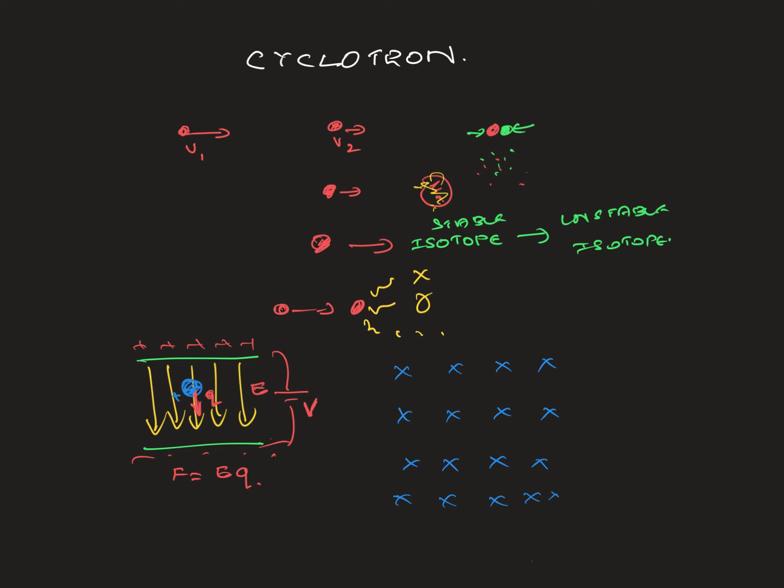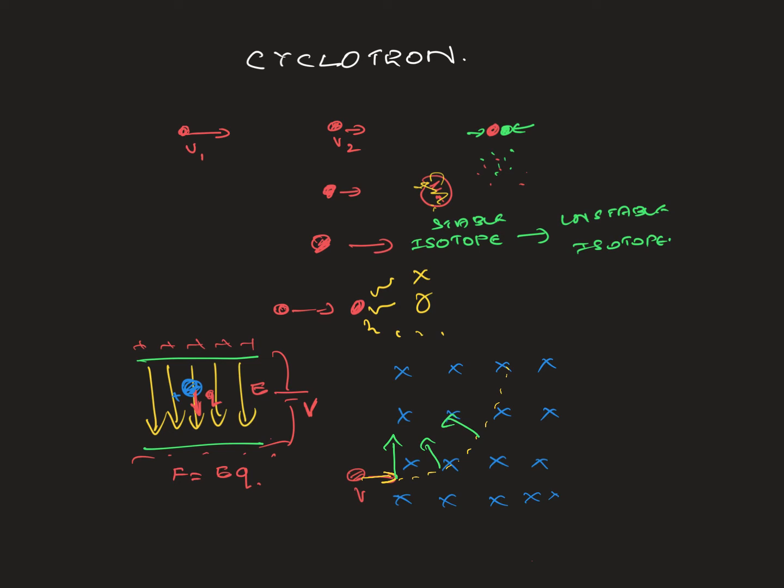So if a positively charged particle enters this magnetic field at velocity v, that particle will move in a circle. Do you know why? Because that v and the magnetic field are perpendicular to each other. So that means the force will be this way, this way, this way.